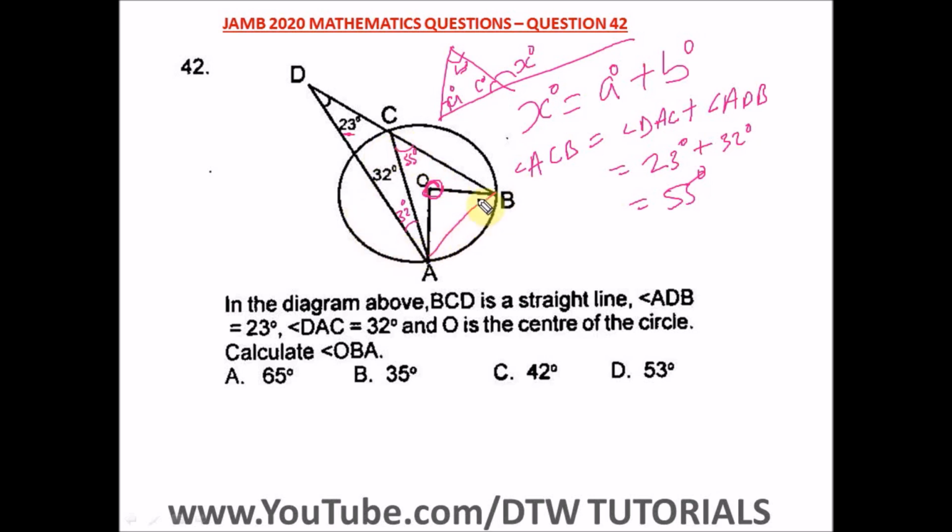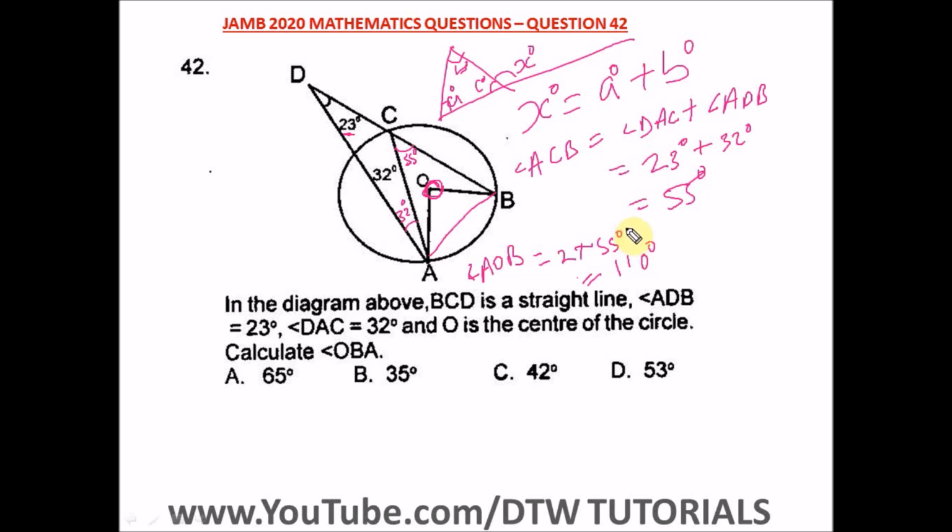on this circle theorem, there's a formula that says the angle subtended at the center is twice the angle subtended at the circumference. So to get angle AOB, it is equal to 2 times 55 degrees, which equals 110 degrees.